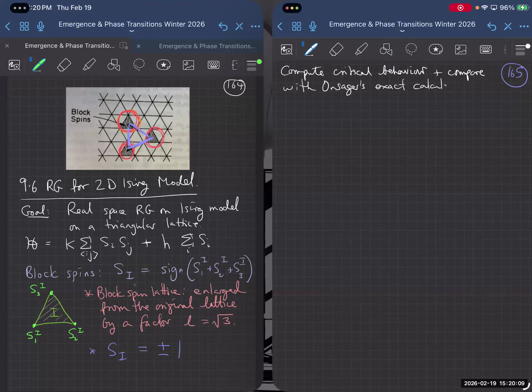It's not very often that you can do this. Only very special systems allow you to start off with a partition function and just grind away and eventually do the whole calculation explicitly. It's very, very hard. As I've told you before, Onsager was a real genius in being able to figure that out in 1944. And we have that calculation.